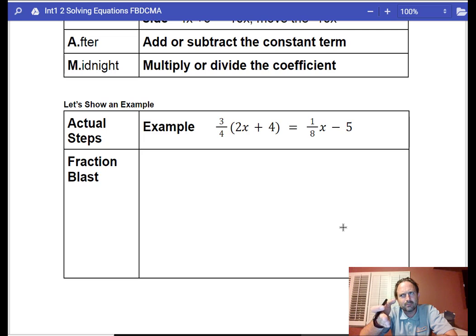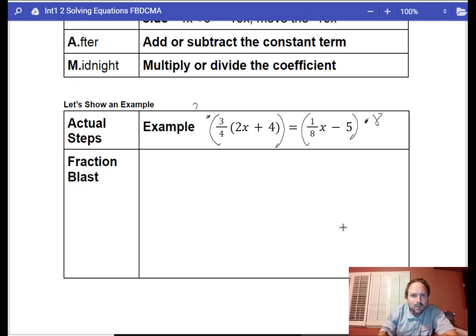So what we're going to do is multiply by 8 on both sides. Now I'm going to see that this is 8 over 1. I can cancel this and it becomes 2 over 1, and 2 times 3 is 6.